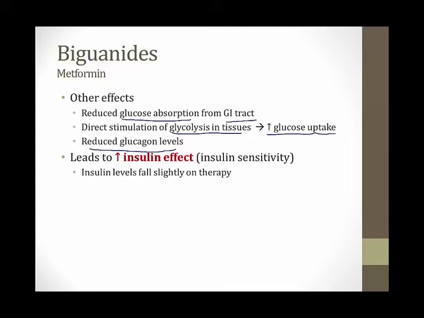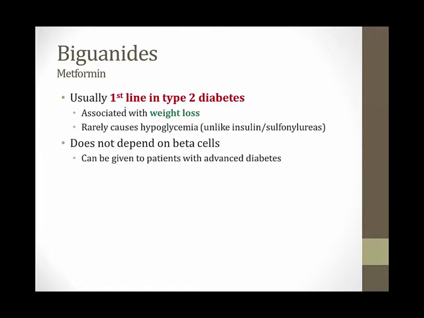All of these effects combine to lead to an increased insulin effect in diabetic patients who take metformin. Sometimes this drug is referred to as increasing insulin sensitivity. And in fact, if you measure the insulin levels in patients on metformin, you will see that they fall slightly because insulin is having a greater effect. As I mentioned to you before, metformin is usually first-line therapy in type 2 diabetes.